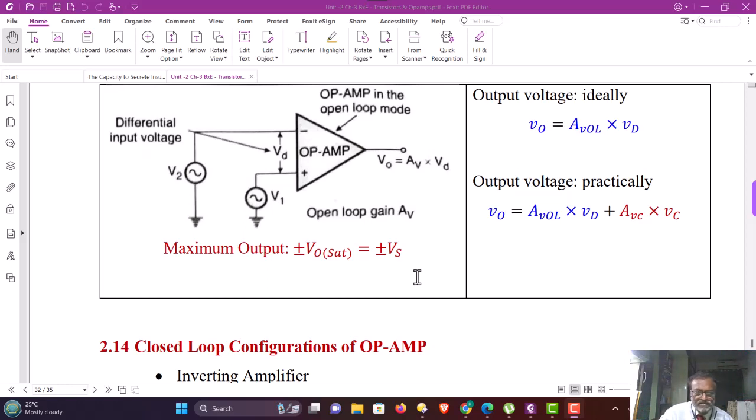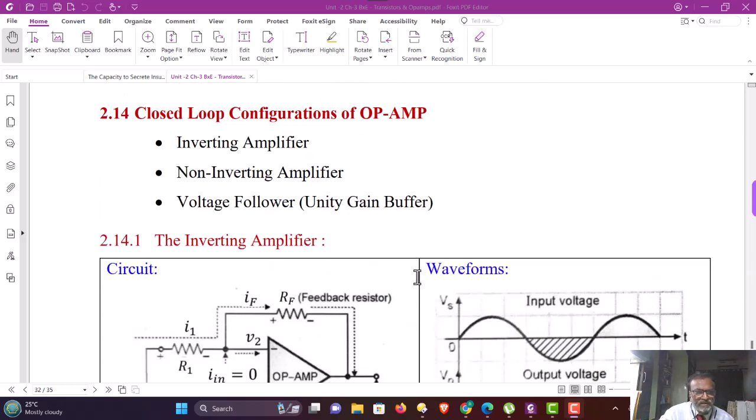Whereas in a practical operational amplifier, the saturation output voltage is slightly less than the supply voltage. For example, if the supply voltage is plus 15 volt, then the maximum output voltage VO sat positive is limited to 13 to 14 volt. And so is the case with the negative power supply, which is limited to minus 13 to minus 14 volt when a minus 15 volt negative power supply is used.